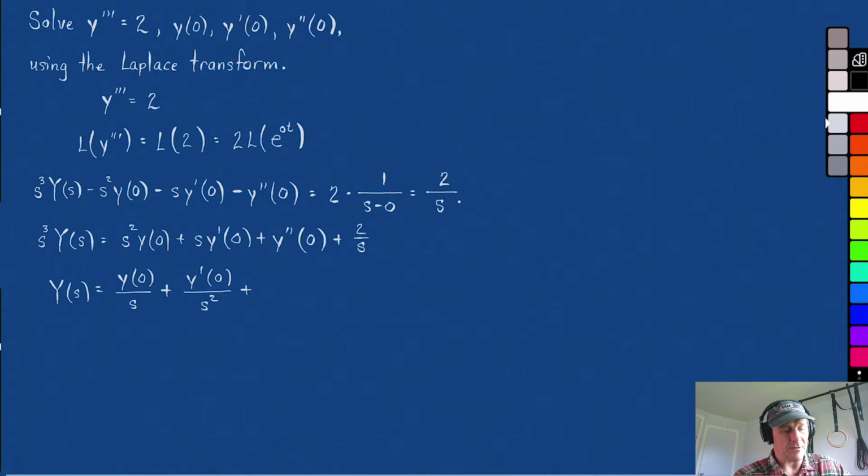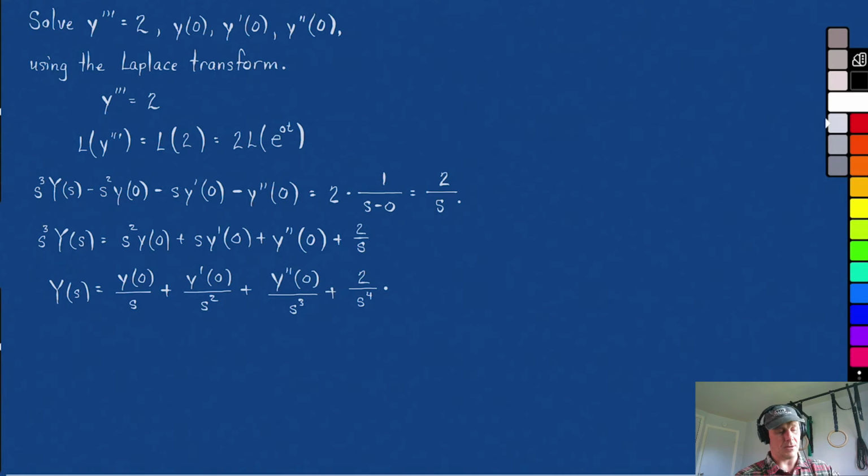Plus, now I'm dividing y double prime of 0 by s cubed. Y double prime of 0 divided by s cubed. Plus, now I'm taking 2 over s and dividing it by s cubed, or you could think of multiplying it by 1 over s cubed. This is 2 over s to the 4th power.